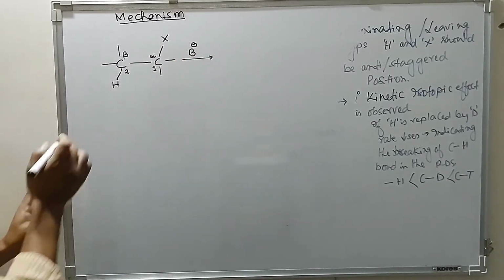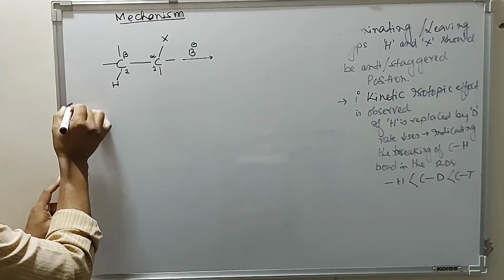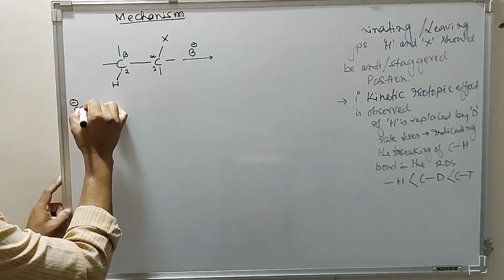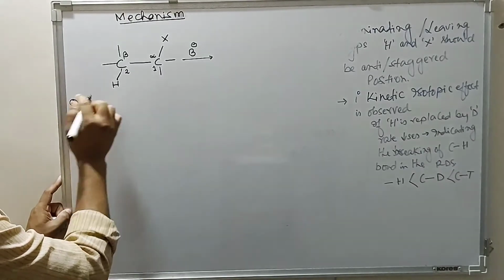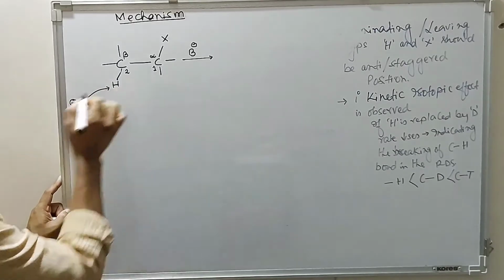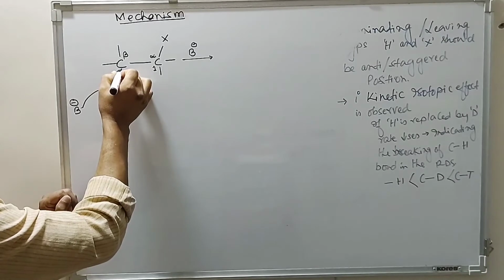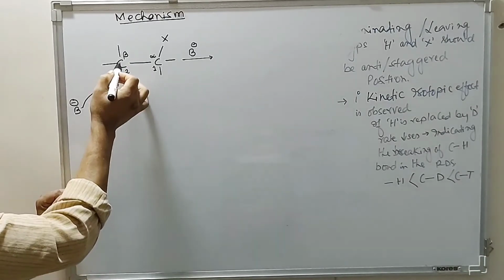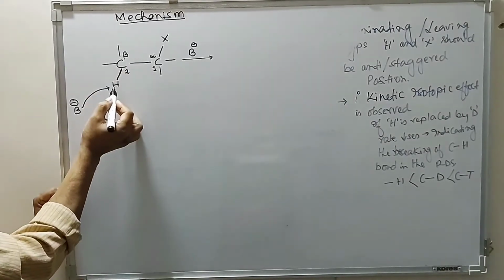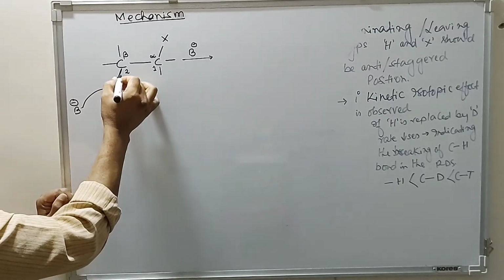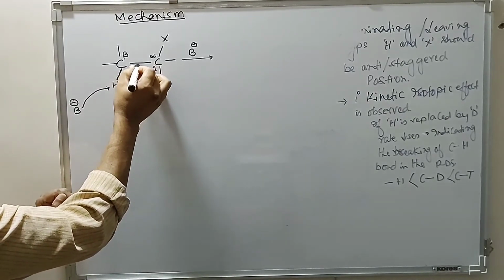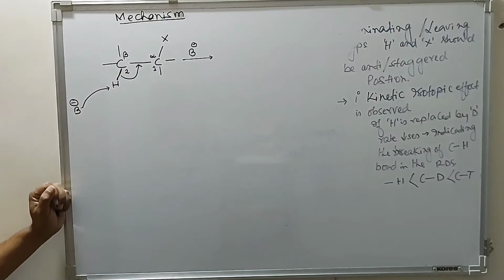So base B minus will approach this acidic hydrogen, and this electron pair which was shared between beta carbon and hydrogen is transferred between alpha beta carbon.